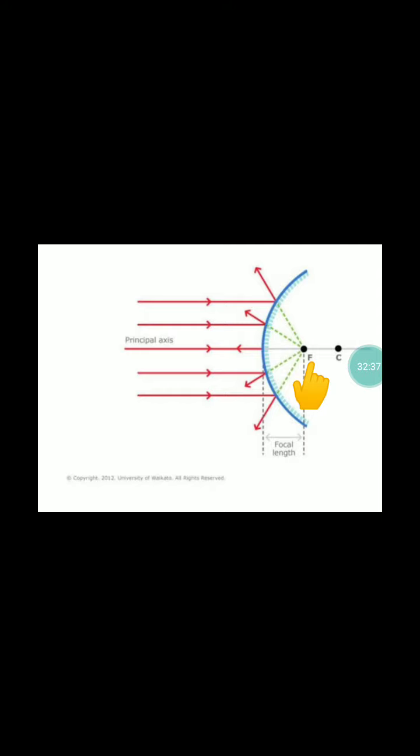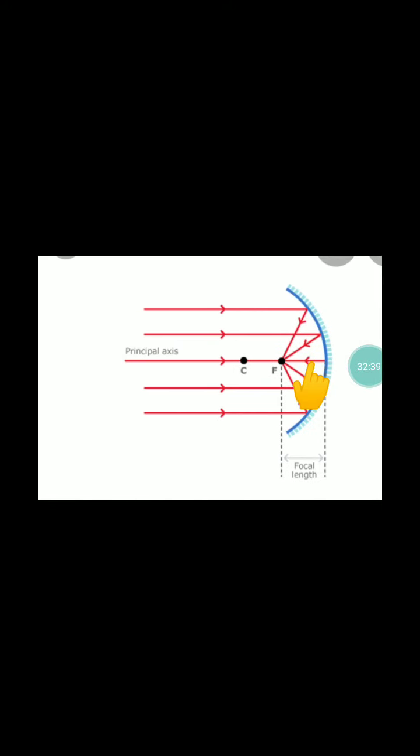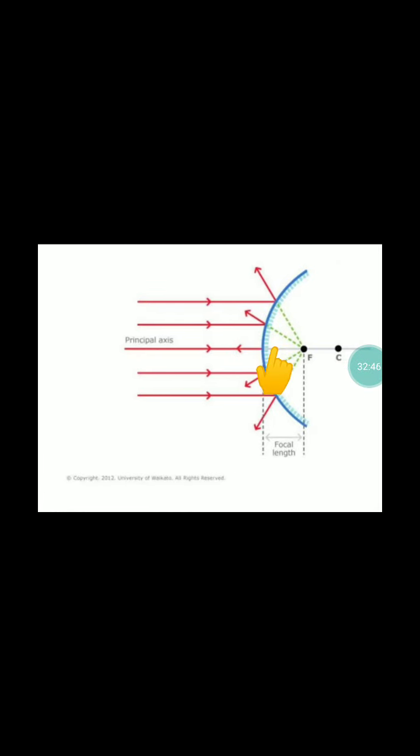In the case of concave mirror, it lies in front of the reflecting surface, but in the case of convex mirror, it lies behind the reflecting surface. And this distance from F to P is also called the focal length.